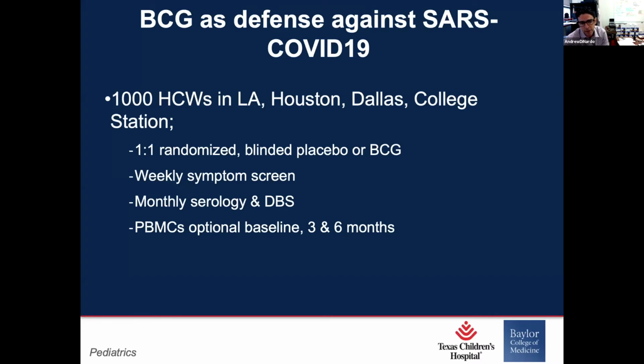They'll be randomized, blinded to either placebo or BCG, then undergo weekly symptom screen, as well as monthly serology and dried blood spot. Whole blood and PBMCs are optional, but to date we've had very good success. Most healthcare workers are very happy to donate a little bit extra blood before vaccinating.